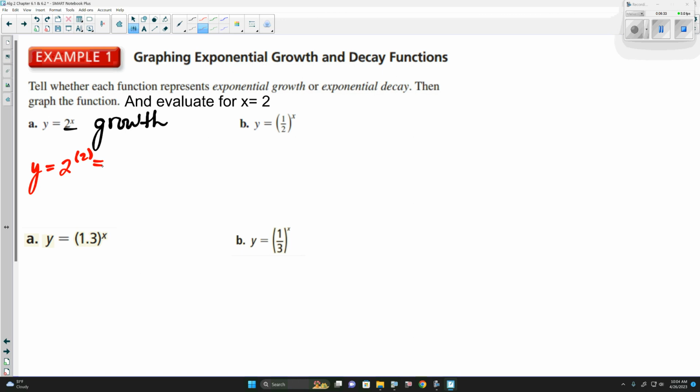We're replacing x with 2. So we have 2 to the second power, and 2 squared is 4. Any questions on any of this here?